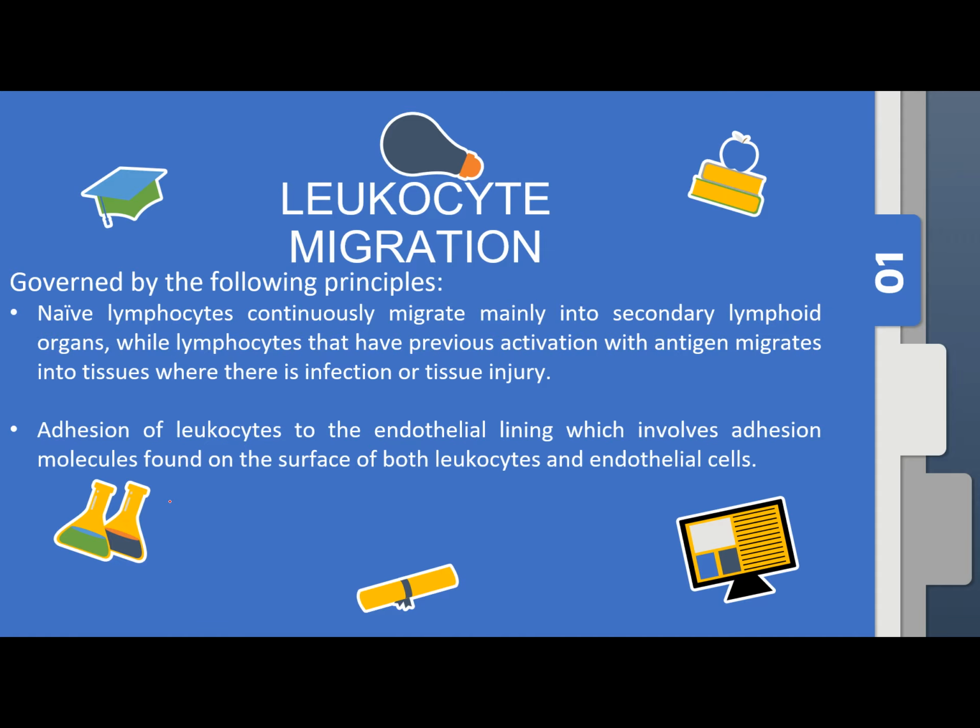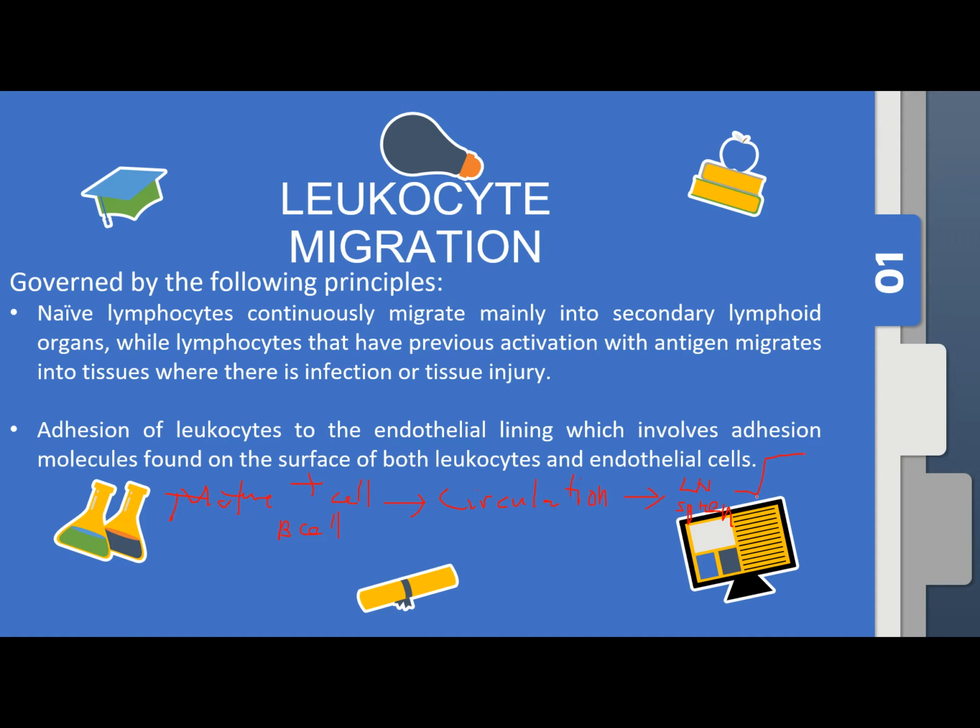As I mentioned earlier, your mature T cell and your B cell, once they are released from the bone marrow and the thymus, would go into the circulation, and from the circulation, class, they would go to the secondary lymphoid organs such as the lymph nodes and the spleen.